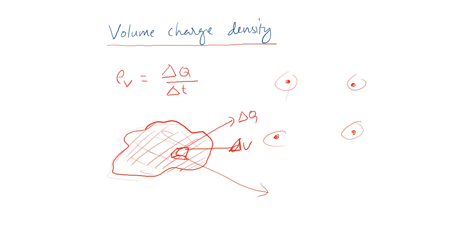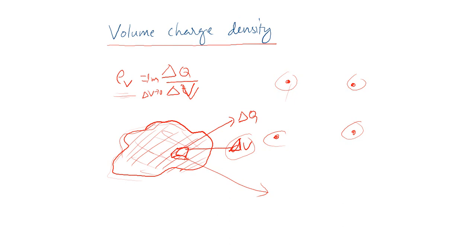We don't know the value of delta v or delta q, but for this entire charge there will be a charge density which will be measured experimentally. We cannot measure the charge at a particular point, but we can measure charge density experimentally, denoted as delta q divided by delta v, limit delta v tends to 0.